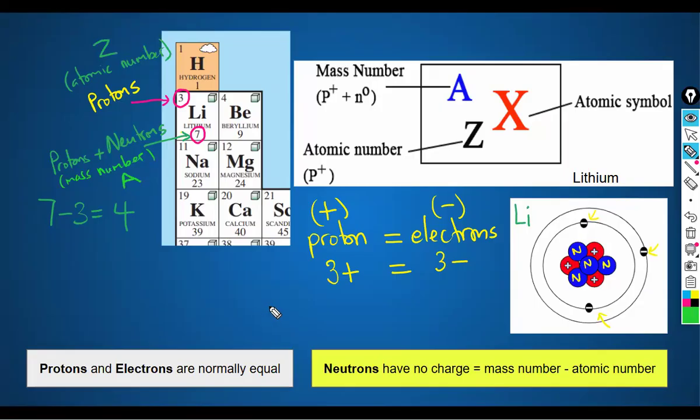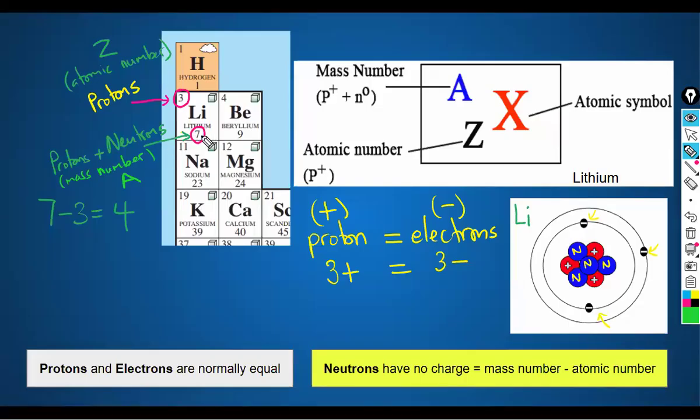So in the periodic table, and this used to confuse me in school a lot, in the periodic table the proton number, the smaller number, goes on top. Underneath, the larger number goes underneath.